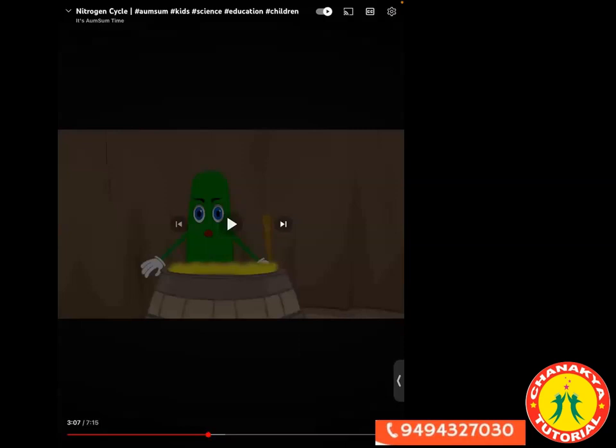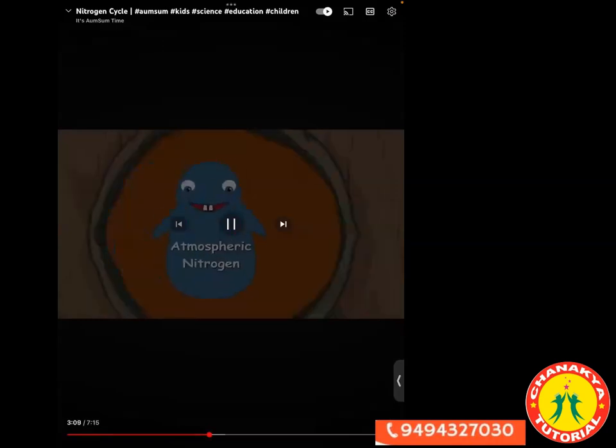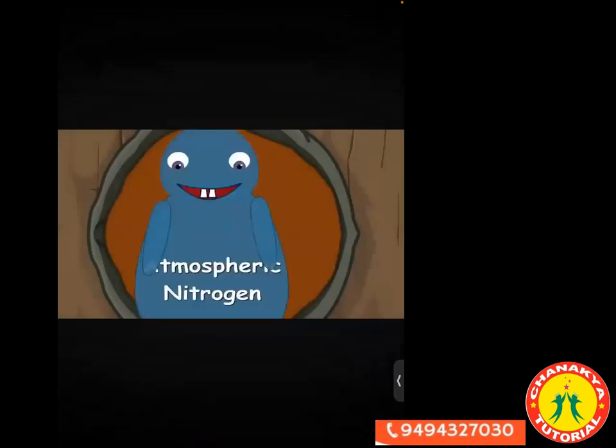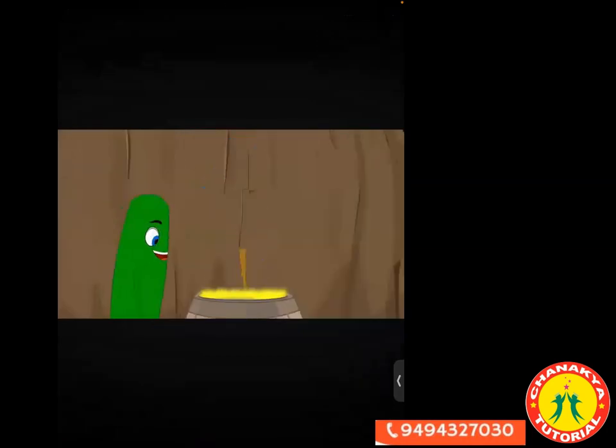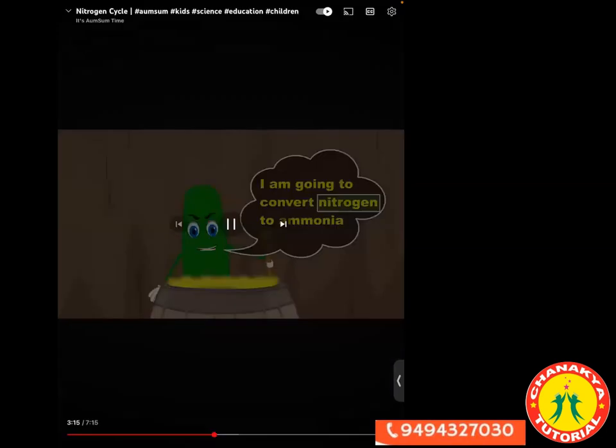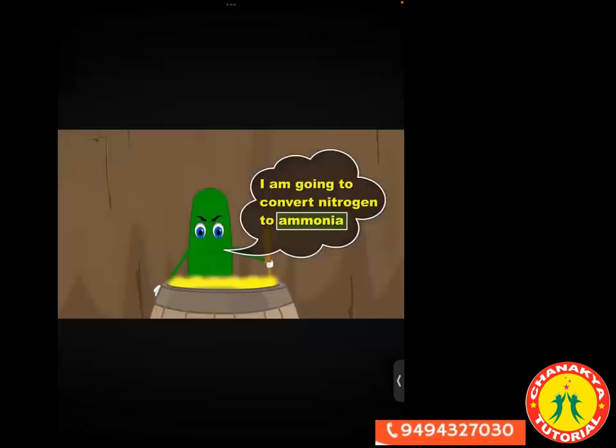They will be taking all the atmospheric nitrogen and then they convert them into the soluble form. So they convert the nitrogen into the ammonia, and this ammonia now can be used by the plants also, by the animals also. But again, this ammonia will be converted into the nitrates and nitrites, like different compounds of nitrogen, and then only they will be used.